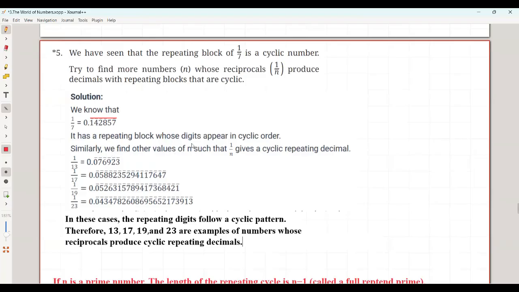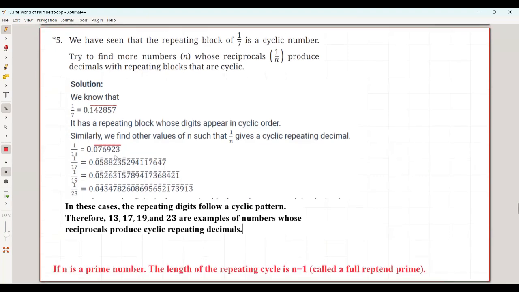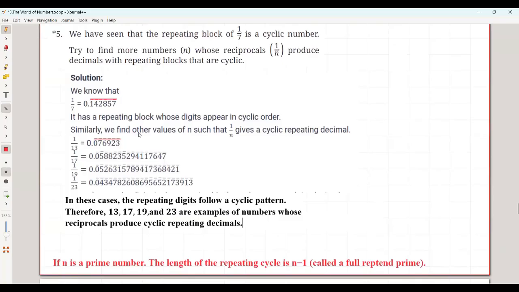Similarly, we can find values of n such that 1 by n gives a cyclic repeating decimal. For example, 1 by 13: if you divide 1 by 13, you get 0.076923. Here also 6 digits repeat, forming a cycle.